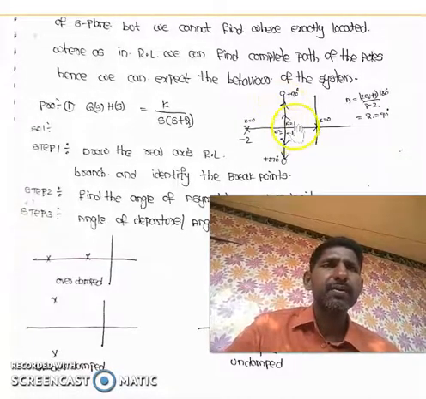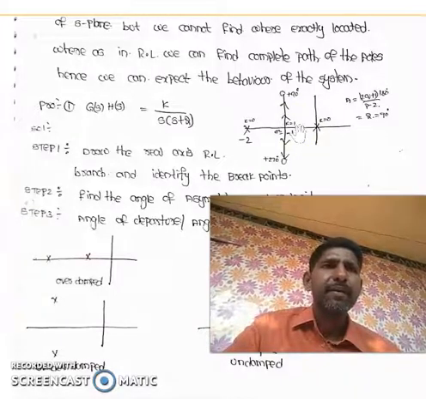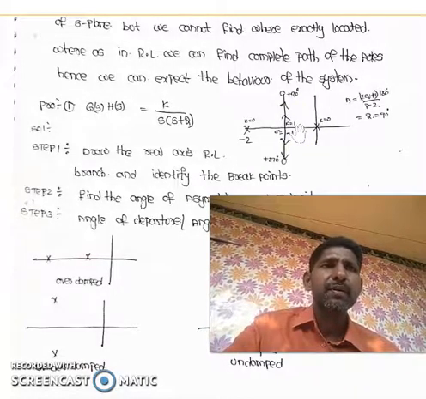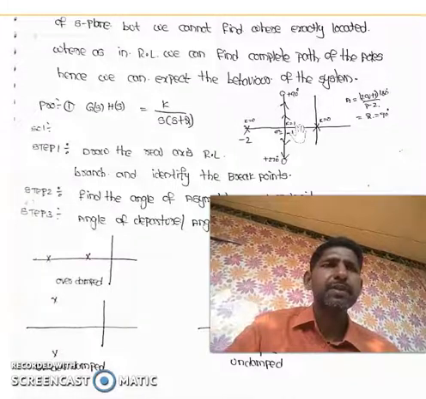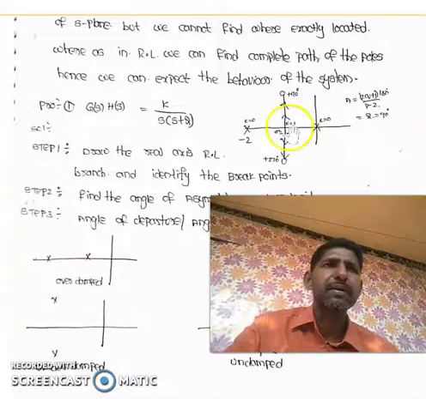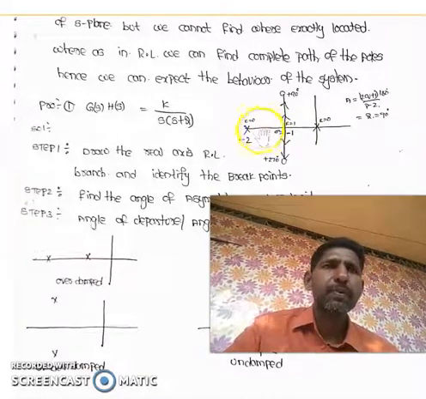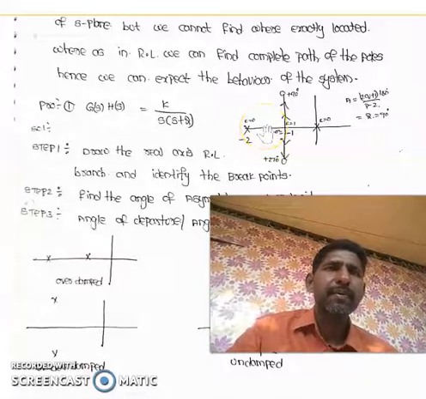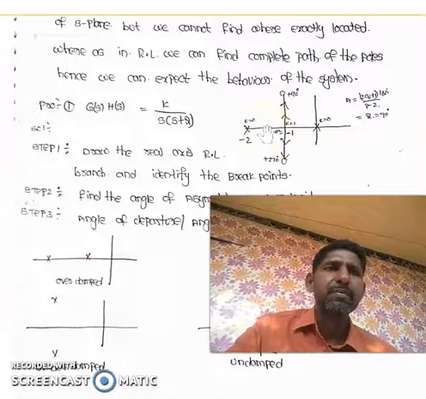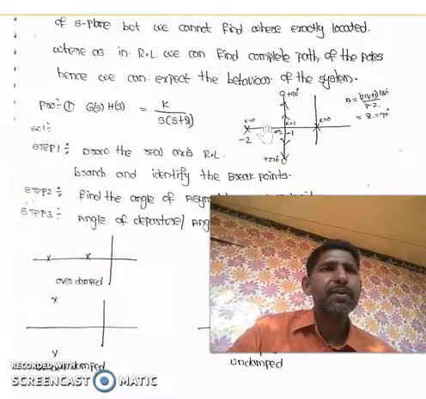And how can we find whether the root locus is present at a particular point or not? To the right of that point, if the number of poles plus number of zeros is an odd number, then the root locus is present at that point. Take the point -1.5.